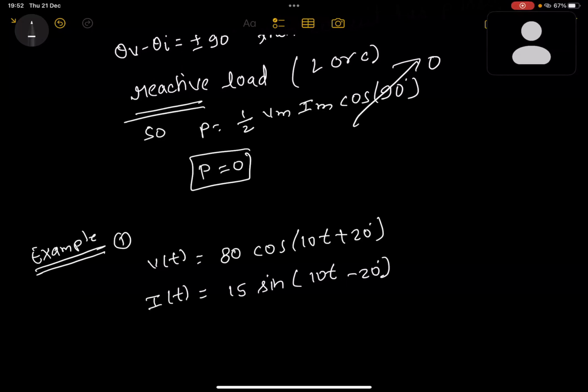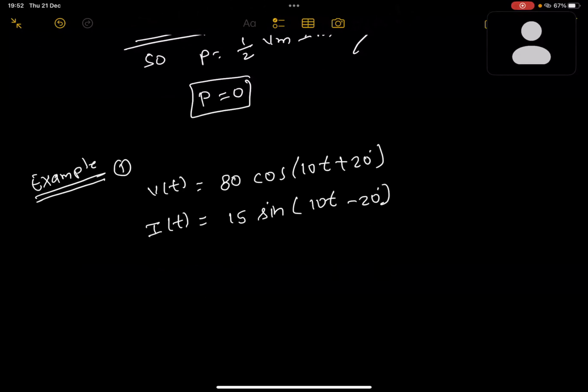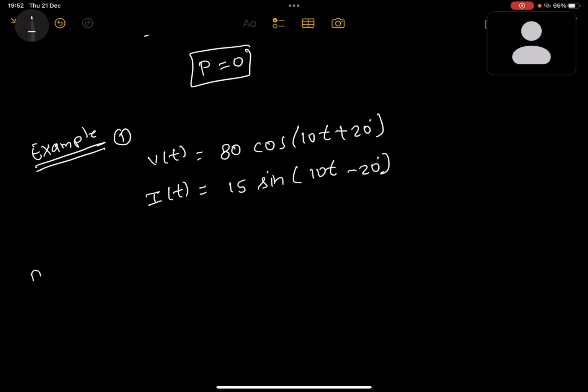Now we have to find the instantaneous power and average power absorbed by the passive linear network. As you know, power is always the multiplication of current and voltage, whatever is given.